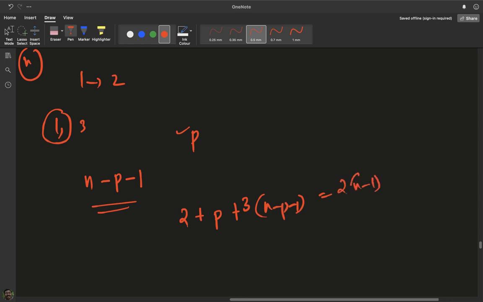When you solve this relation, you get 2 plus p plus 3n minus 3p minus 3 equal to 2n minus 2.